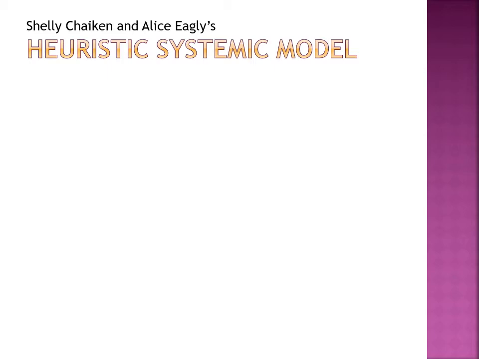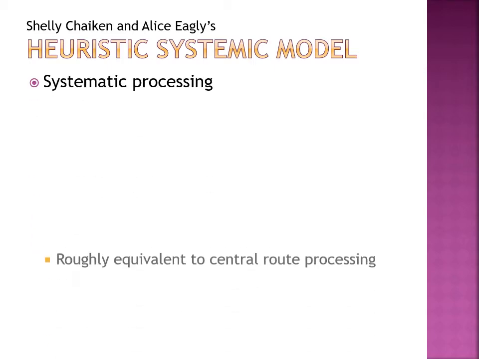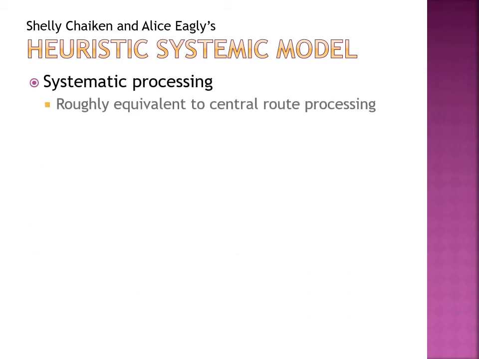Scheichen and Egley noticed that some people, in processing messages, in being the target of somebody else's persuasion, sometimes do systematic processing, which is pretty much the same as central route processing. We put some intellectual labor into understanding the message, we put some work into making sense of it, and we work to think critically.